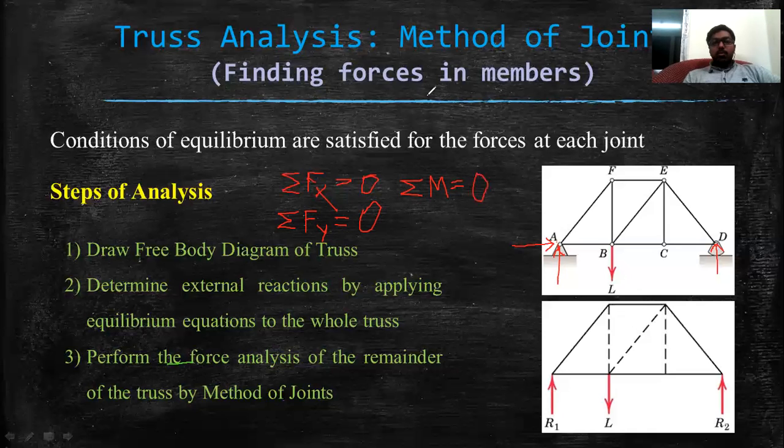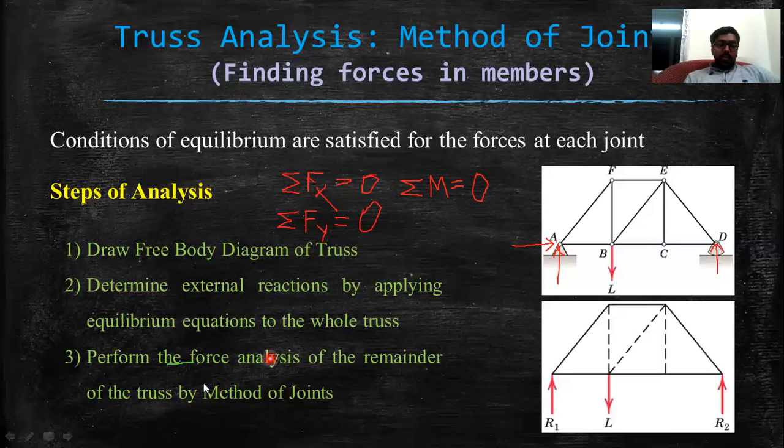So these are the three equilibrium equations. Sum of Fx equals 0, that is the sum of all the horizontal forces equals 0. Sum of moment equals 0, that is the sum of all the moments equals 0. And sum of Fy, that is the sum of all the vertical forces, equals 0. So just by applying this, we can easily find out what the reactive forces are.